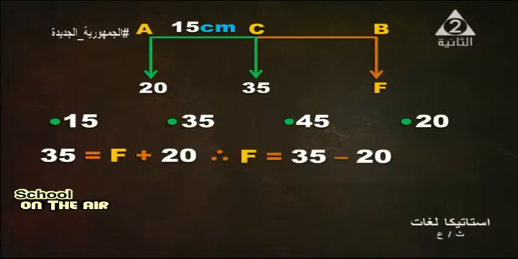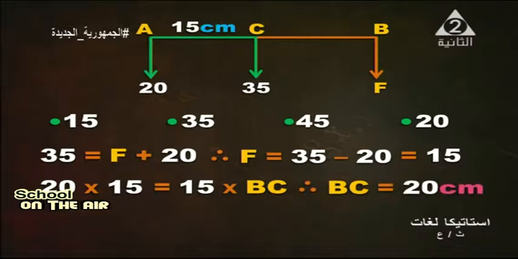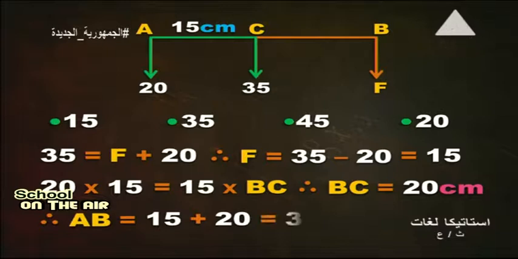Therefore, F equals 15. My dear student, by using the rule, 20 times 15 equals 15 times BC. In this case, BC equals 20 centimeter. Therefore, the length between the two forces, AB, equals 15 plus 20 equals 35 centimeter. Then the correct answer is 35.